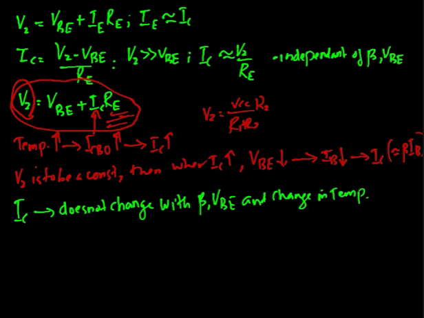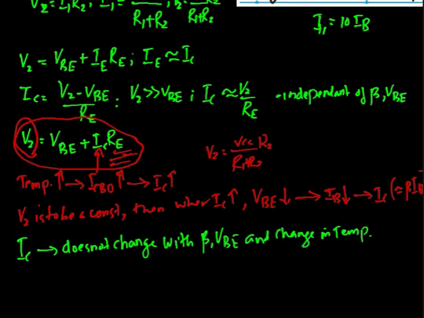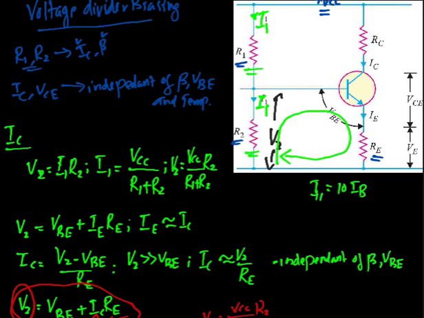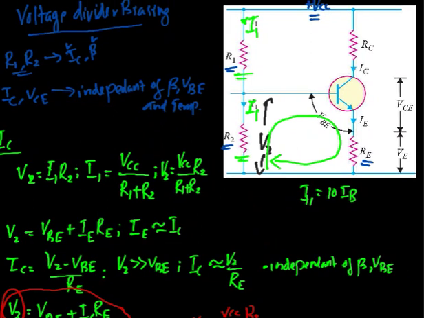Now let's consider the output portion of this circuit. If we go back to this diagram, we can see that this VCC will fall across the output part.